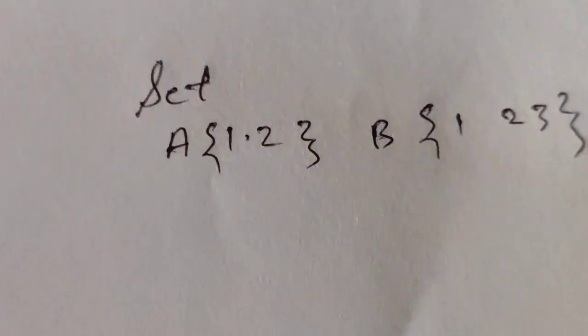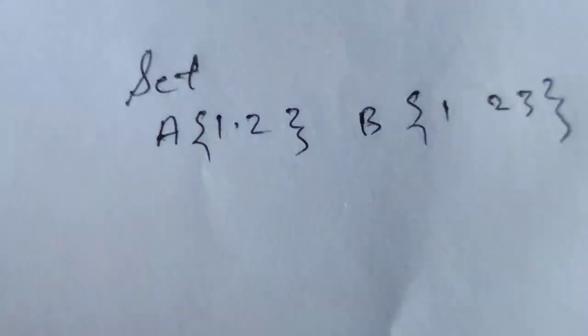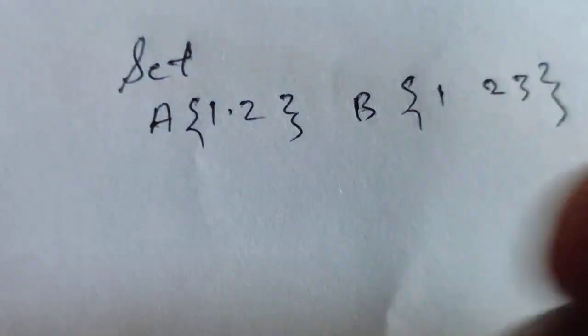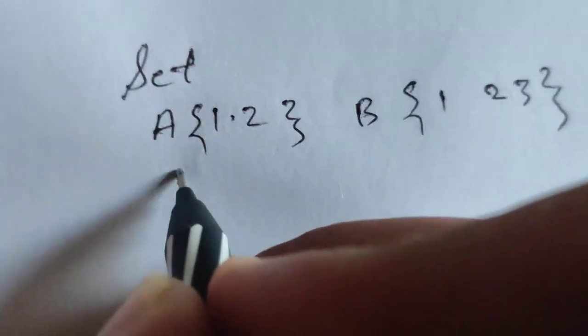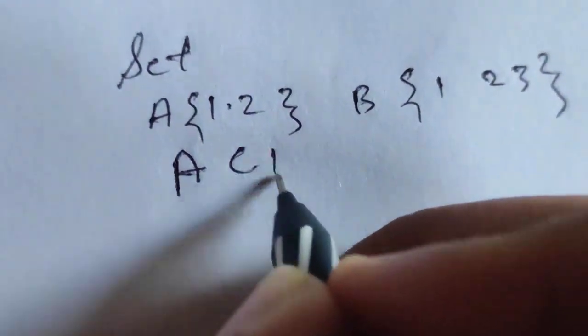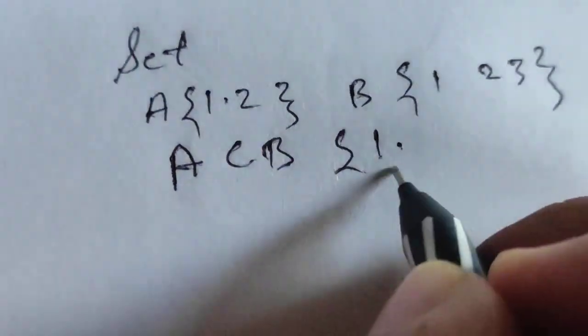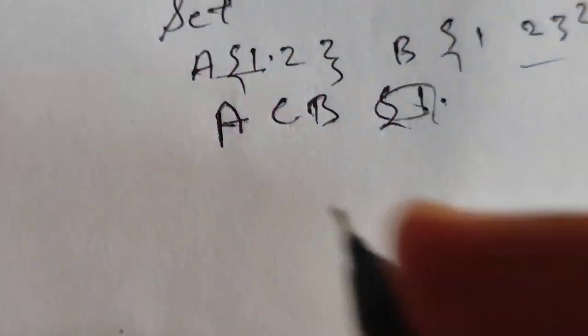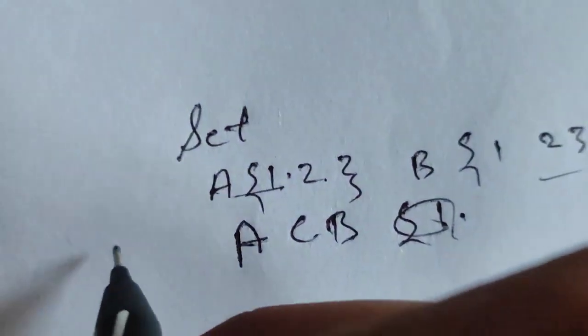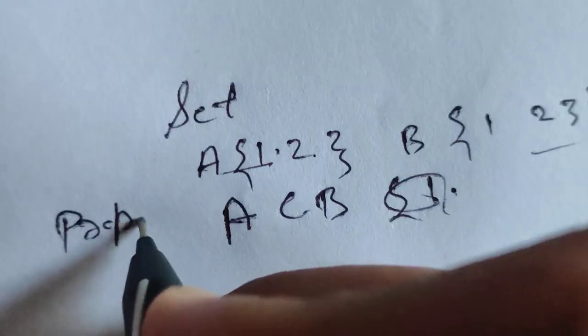So we talked about if A is a set with elements 1, 2, and B is, say, 1, 2, 3. Then A is a proper subset of B because 1 and 2 are in B.